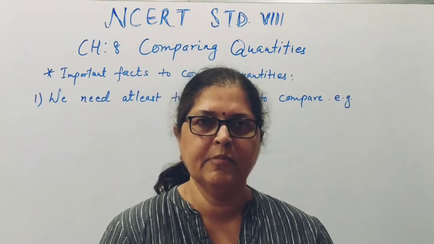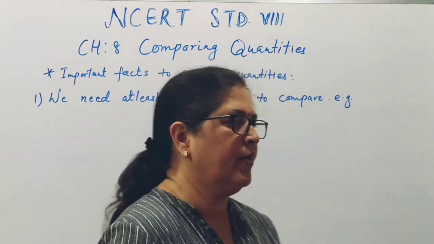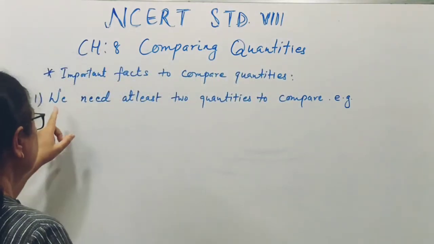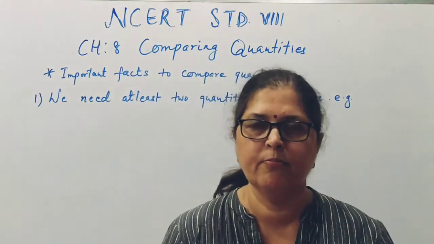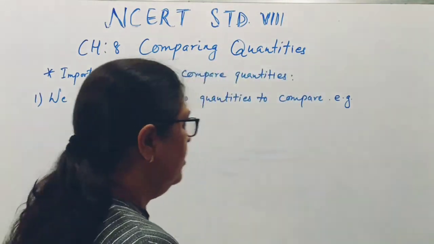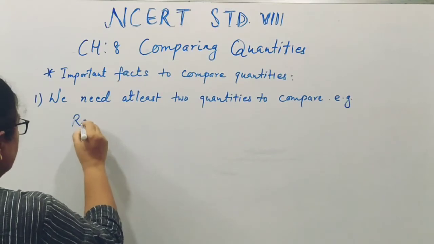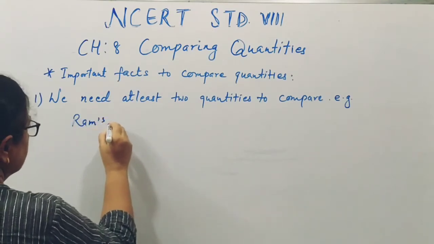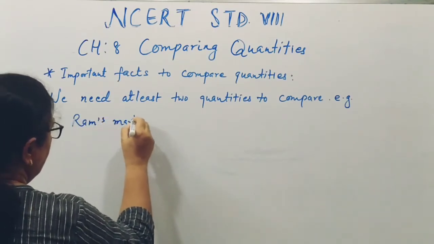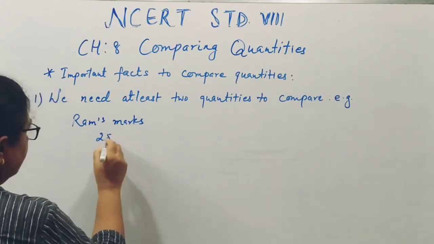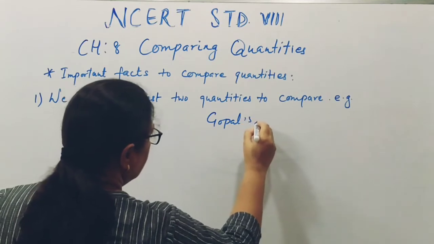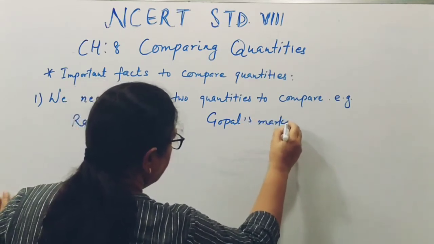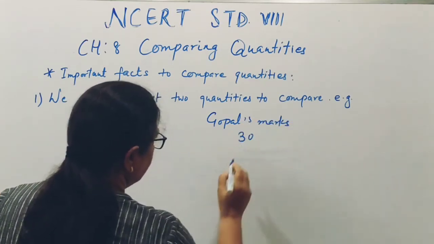Next, some important facts to compare the quantities. Number one, we need at least two quantities to compare. For example, Ram has got 25 marks in the unit test and Gopal has got 30 marks in the unit test.